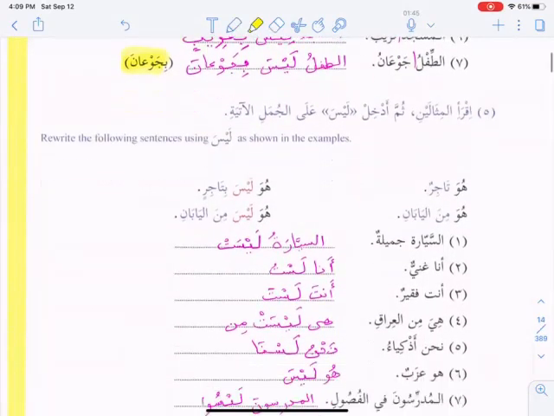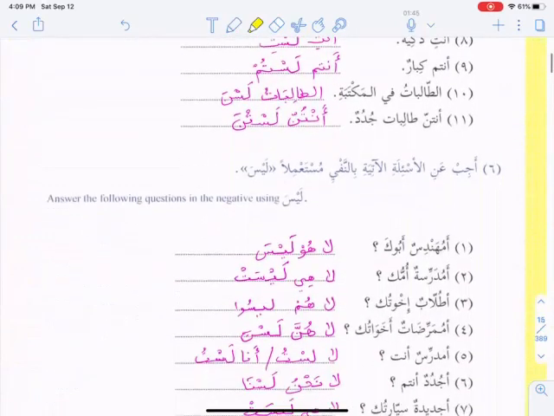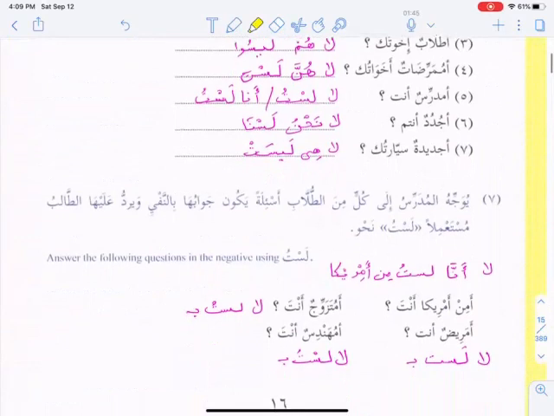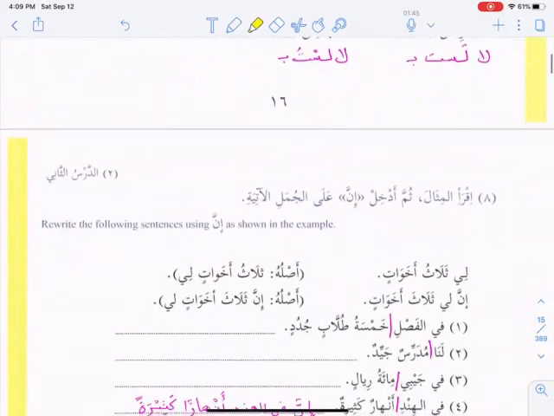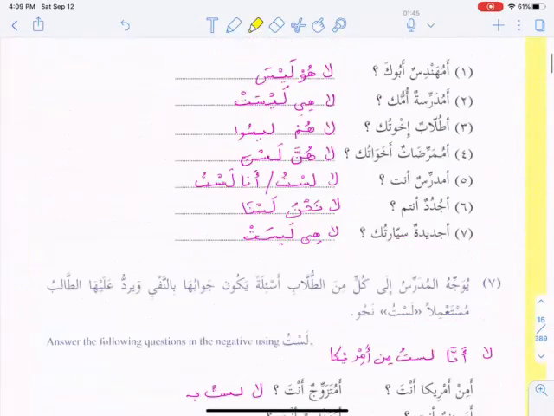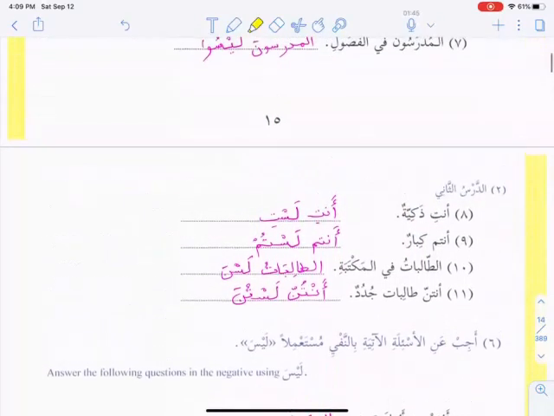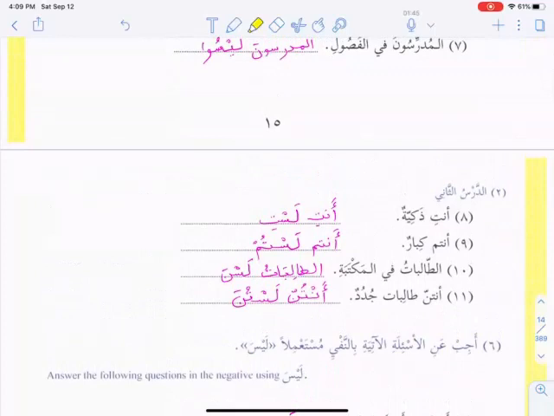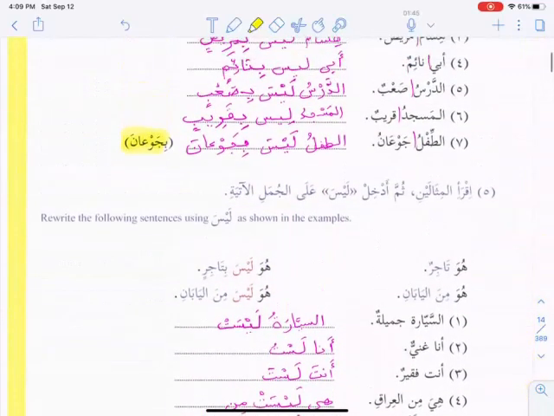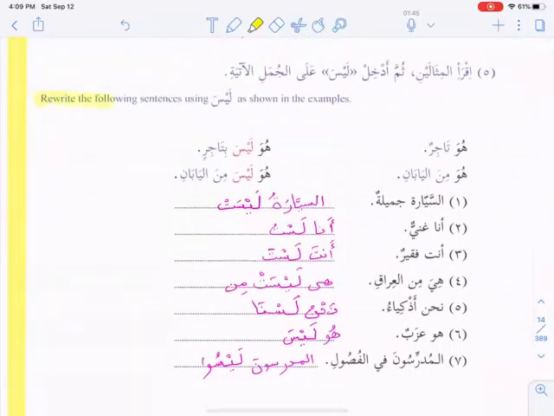Now here, my brothers and sisters, again, I think we'll do these exercises without analyzing much. Maybe I'll only analyze inna if I have to. Fine. So here, rewrite the following sentences with Laysa, as shown in the example.